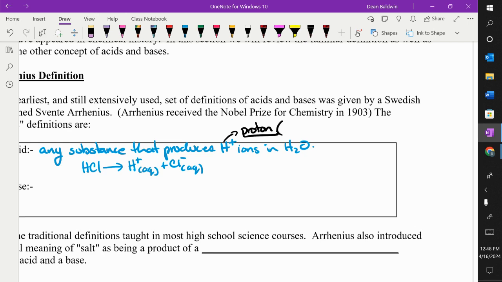When I was first teaching this, kids just kind of nodded. But then, like three classes in, some kids asked, "What's a proton?" Because I know you know what a proton is, but you think of it as part of the nucleus.